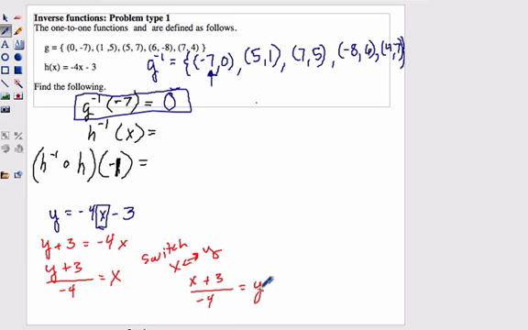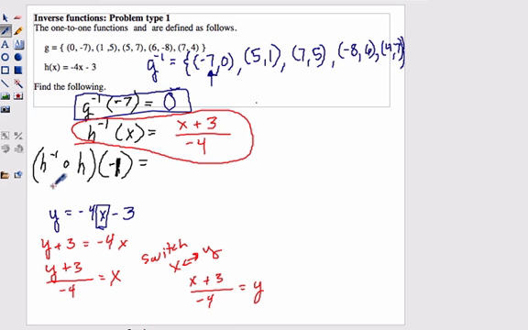Now we're going to replace the y with the inverse function of h. So I can rewrite this as the inverse function of h of x is equal to x plus 3 over a negative 4. Okay? Now that's the second part.